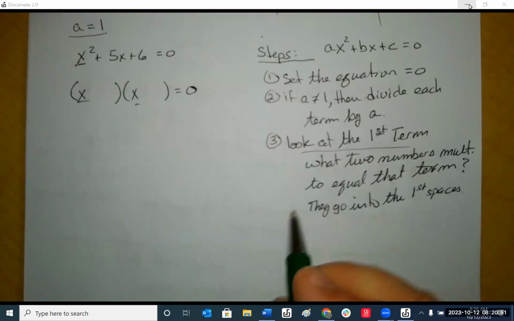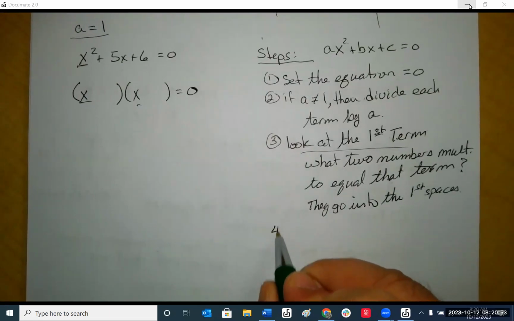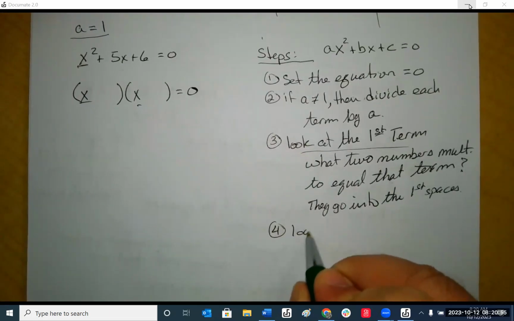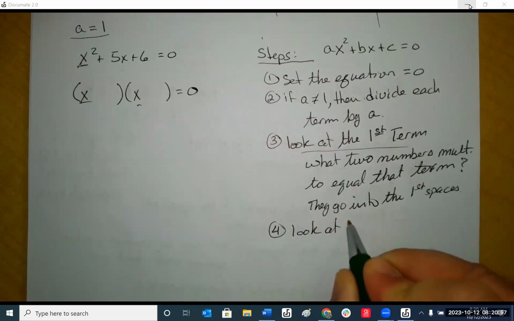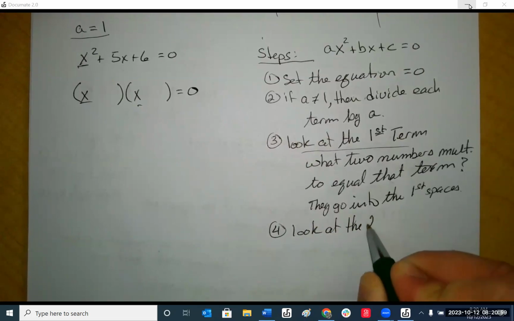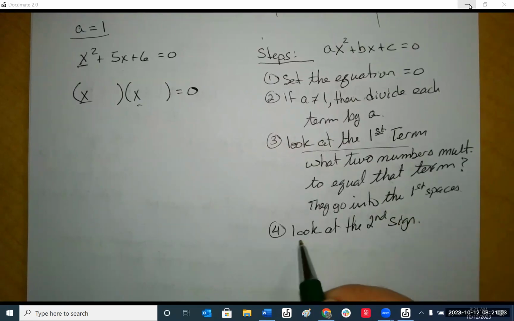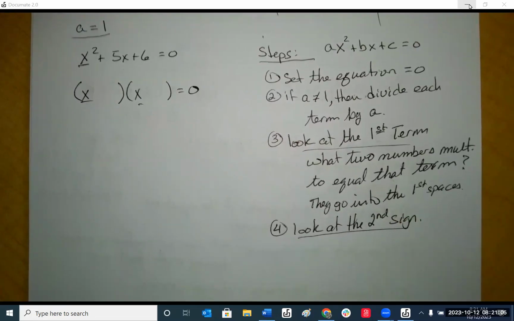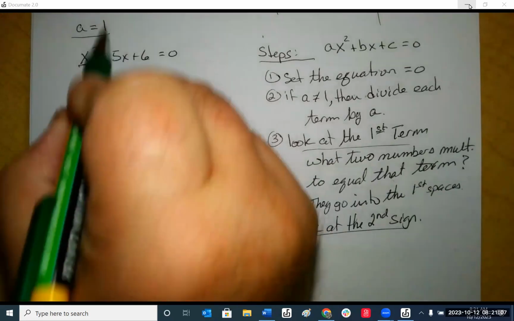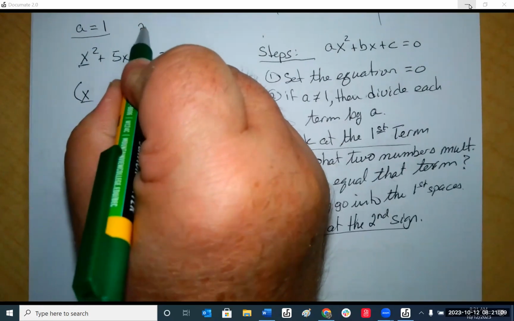All right, second step. Look at the second sign. This is the second sign.